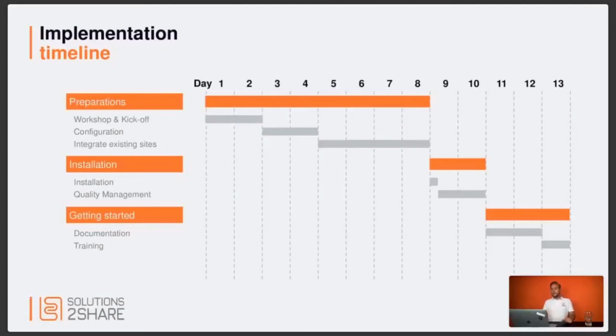Then we install the tool, build the templates in 2 days, for example, make a quality test to check that everything is configured the right way, and that the template is configured well and the provisioning process works well. Then we go into a short admin training, and of course we make some small documentation for your IT, if you want to document it for other IT admins or for your users.